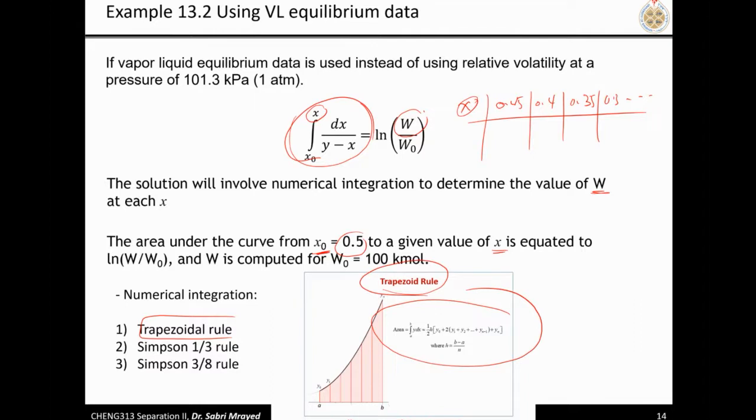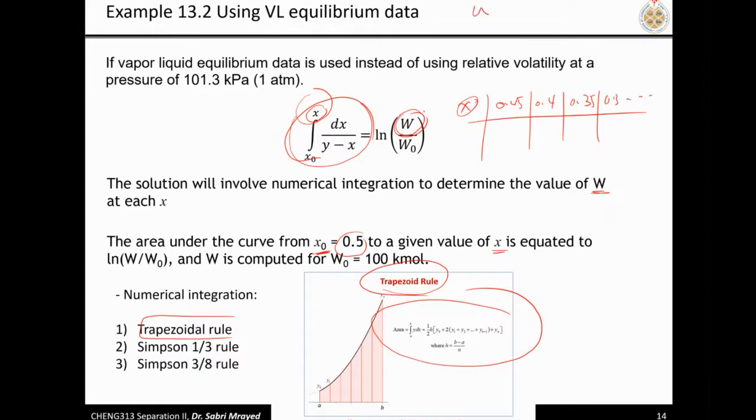Usually, or typically, the question will be asking you, for example, to calculate the composition if 50% of the feed is evaporated. So in this case, how much is going to be W here?